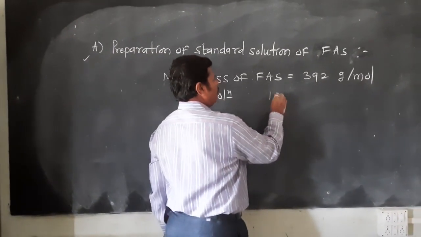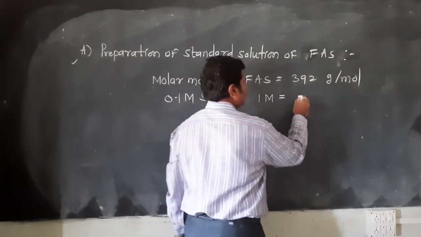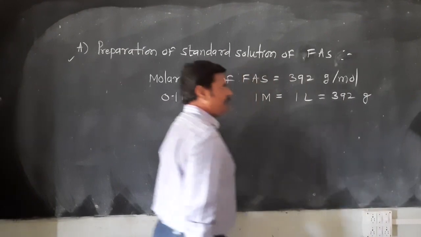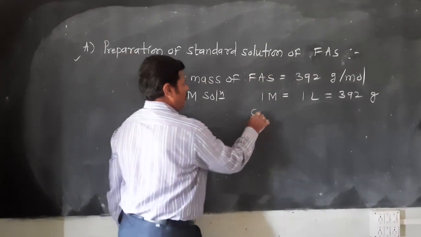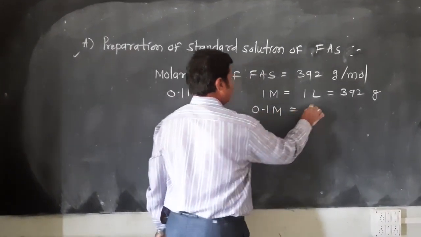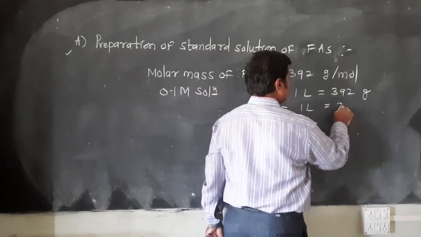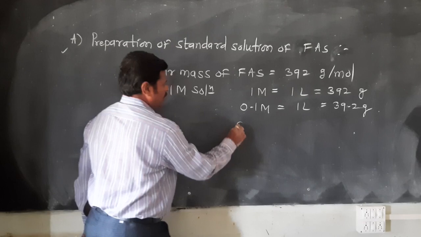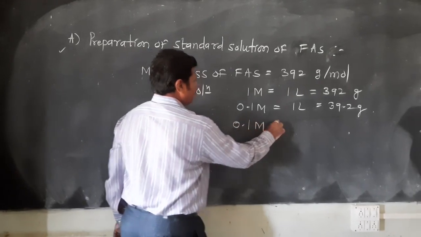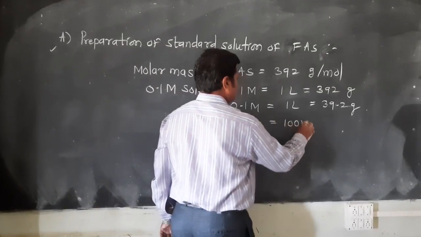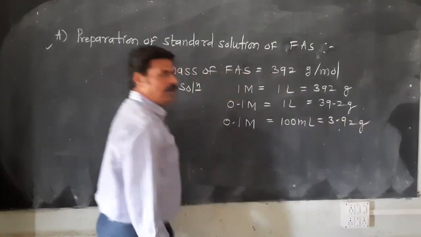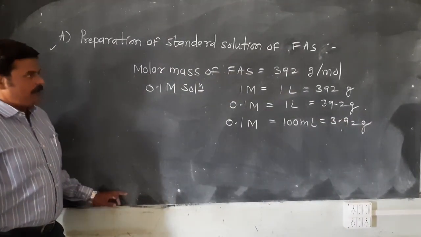So for 1 molar 1 liter solution, 392 gram powder is required. For preparation of 0.1 molar 1 liter solution, 39.2 gram of powder is required. And for 0.1 molar 100 ml, 3.92 gram of ferrous ammonium sulfate powder is required.